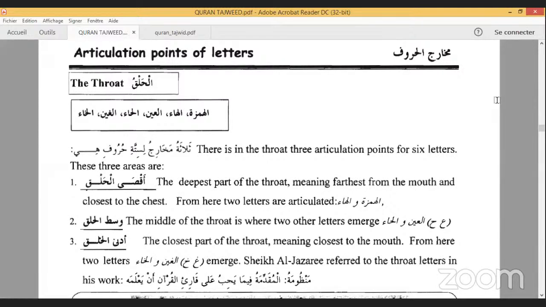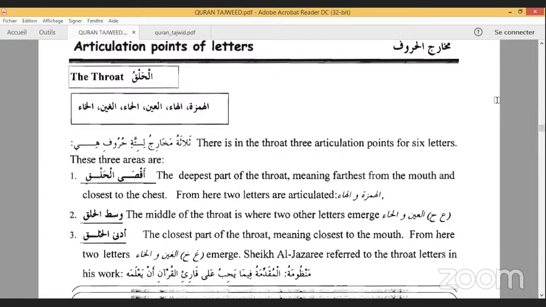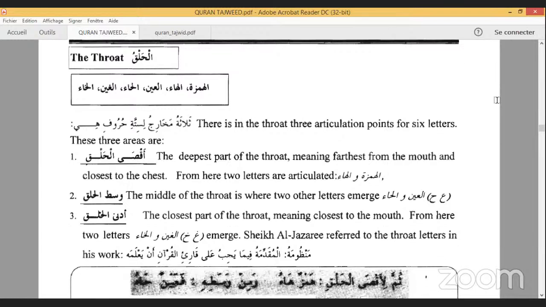And we have adna al-halq, the closest part of the throat, meaning close to the mouth. From here, two letters, the ghain and the kha. Akh, akh.